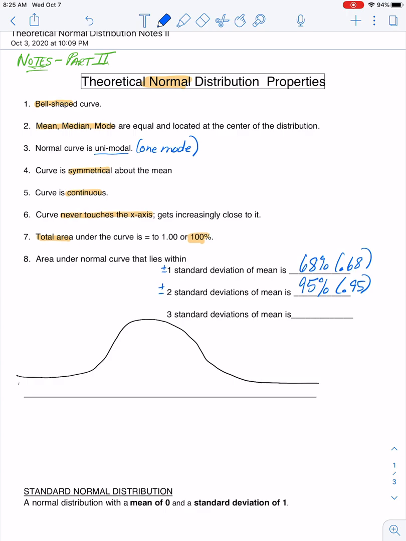And lastly, within 3 deviations of the mean, we have 99.7% of the data. But I also said that under the entire curve, we know the area to be 100%. So that means we have just a little bit out in the two tails as far as the area goes.